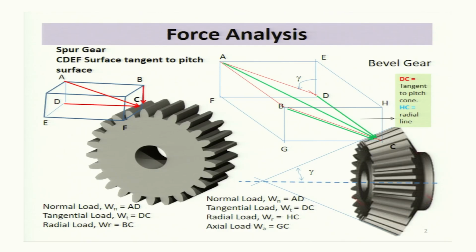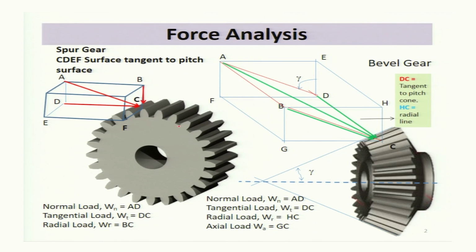So, let us study the force analysis. In the force analysis, the first figure is for the spur gear and the second is the bevel gear. We will try to make a correlation between the forces which act on a spur gear and the forces which act on a bevel gear.